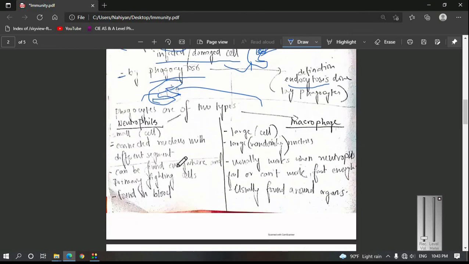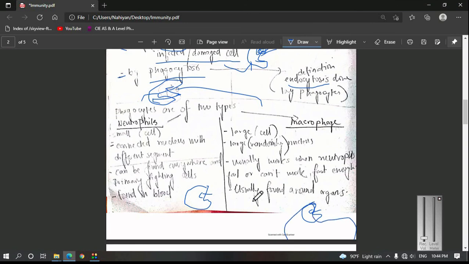They both engulf, take in, they do endocytosis. They do phagocytosis, which is a type of endocytosis. And the neutrophils are smaller, and the macrophages are actually larger.